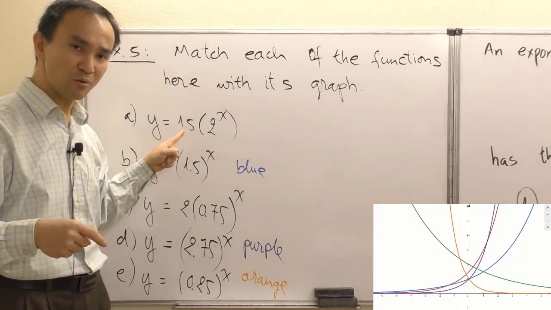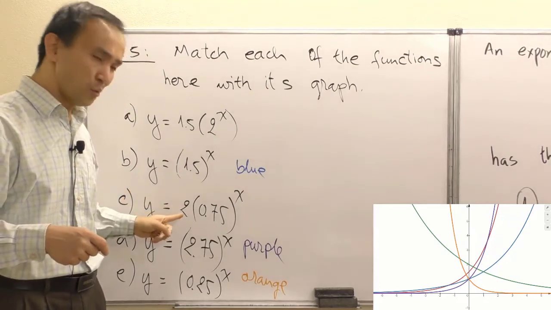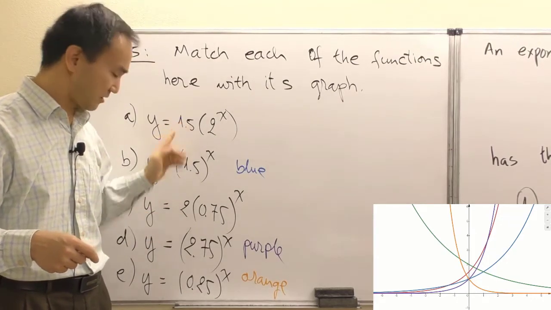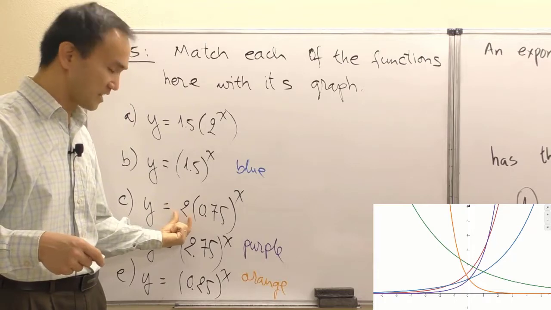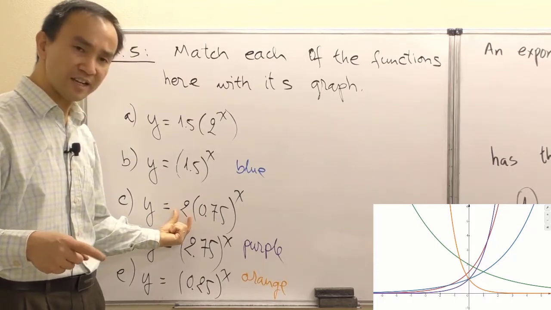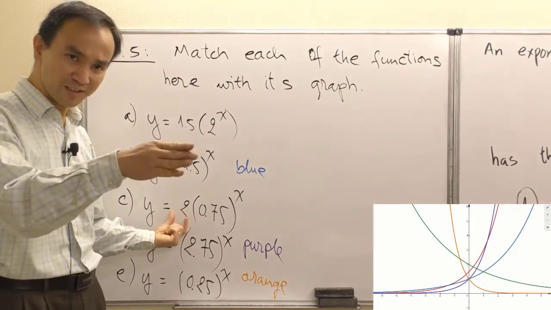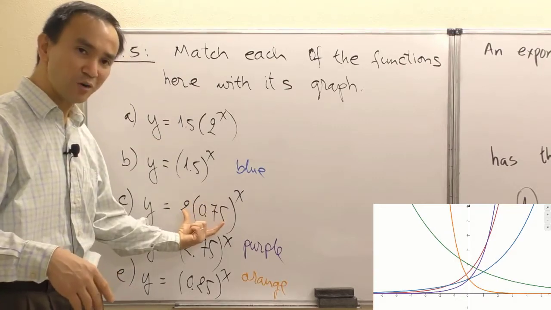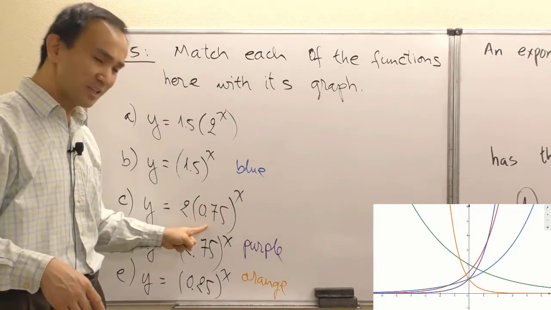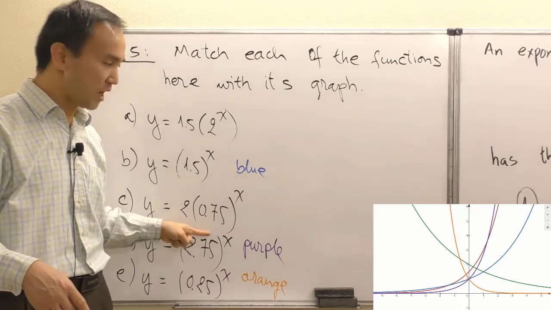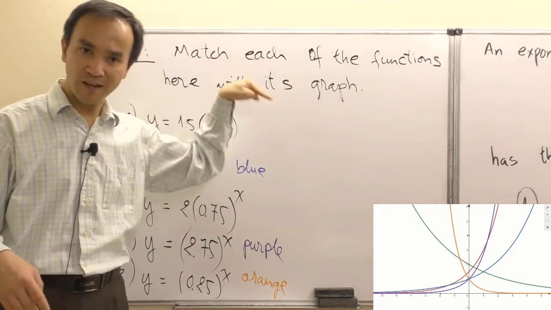Or maybe if it's hard to read from the grid, let's focus here. This one has a y-intercept at (0, 2), and the grid makes it clear that the graph goes right through that. Also, let's look at the base. The base is less than 1, so it indicates it's falling from the left to the right.